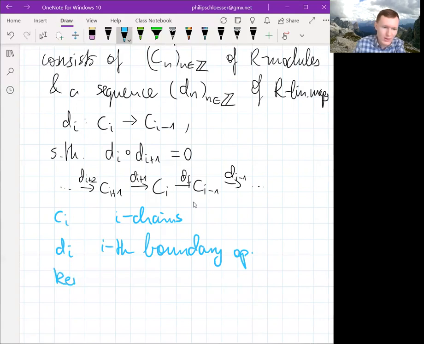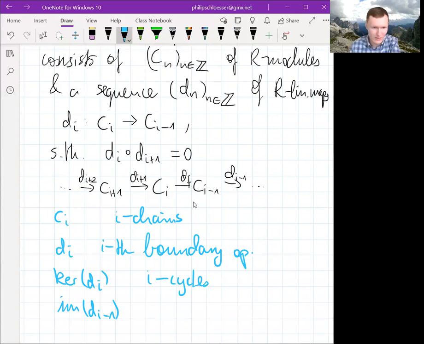Now the kernel of d_i, i.e. the i-chains that are mapped to 0 under the ith boundary operator, are called the i-cycles. And the image of d_{i+1}, i.e. those i-chains that are produced by the (i+1)th boundary operator, are called the i-boundaries.